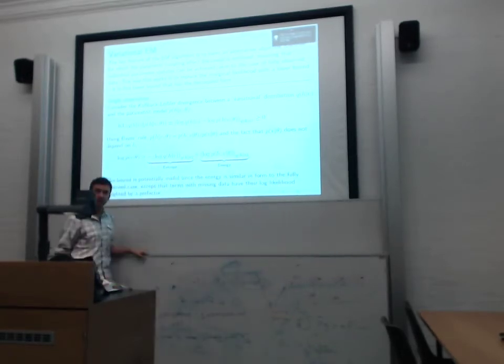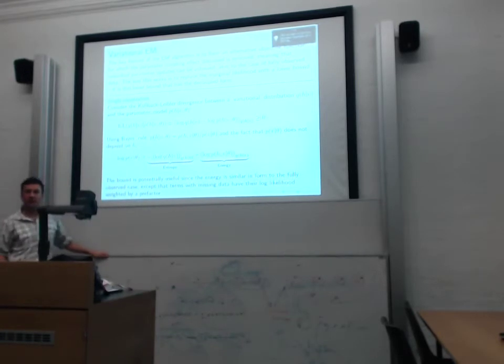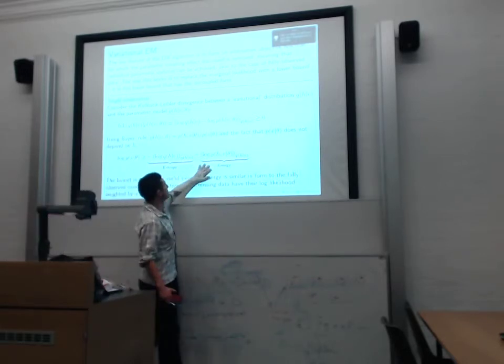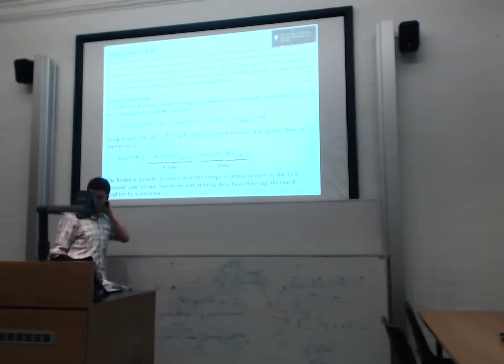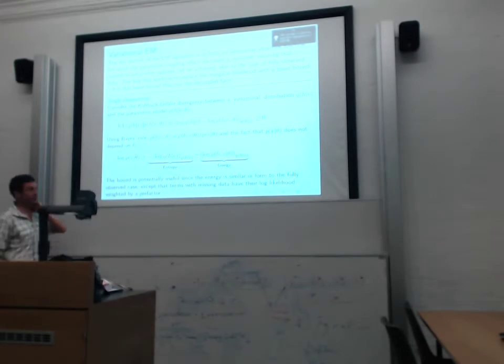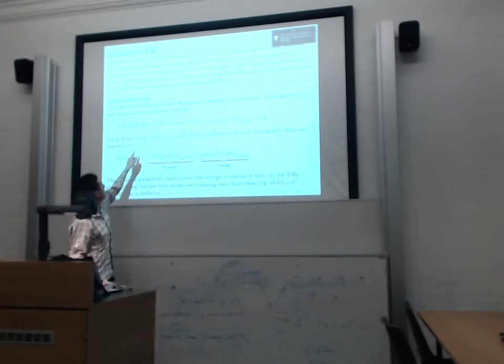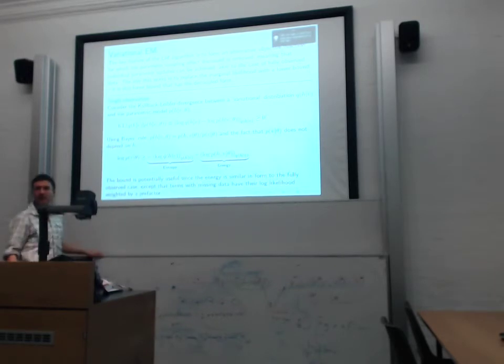Then, given theta, we ask what's the best Q? We consider a family of Q distributions, and within that family you find the best Q distribution, which maximizes this right-hand side, which is equivalent to minimizing the KL divergence between Q(H|V) and P(H|V), within whatever family of distributions Q we are examining.